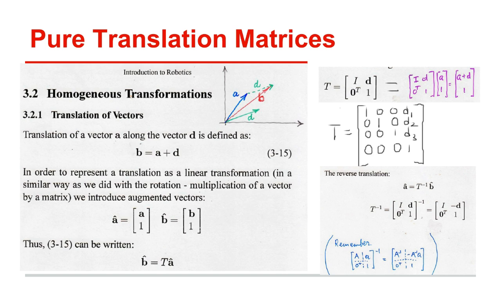That's just how the math works out. I've expanded it out down here where you have an identity matrix in the top left, 3 zeros in the bottom left, a 1 in the bottom right, and in the top right you have the x, y, and z, how much it's translated by. And when you multiply a vector by this 4x4 matrix, you will get the A plus D that we're looking for.